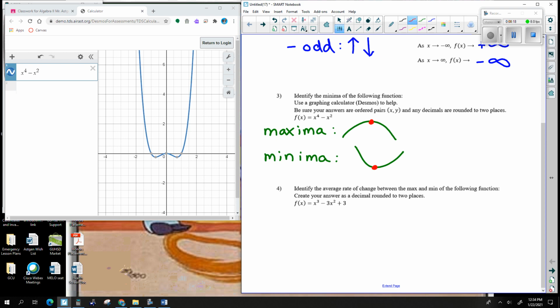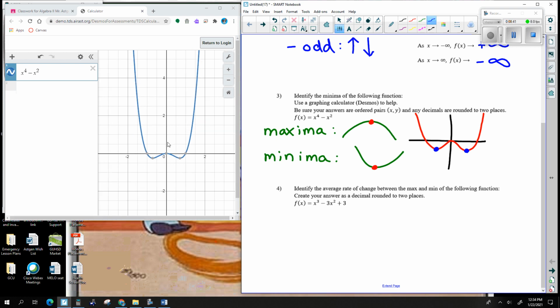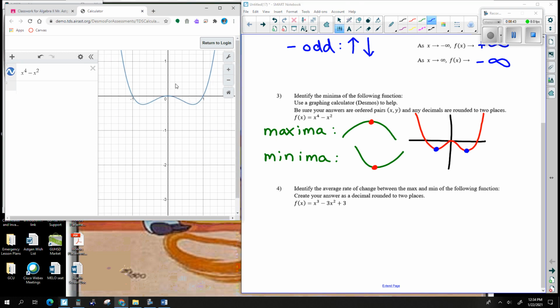All right, so here I did graph this particular equation. And this particular equation looks something like this. All right, so I do have some minimums. They would exist right here and right here. How can I get that from my Desmos calculator? I'm going to scroll in so I can take a look.